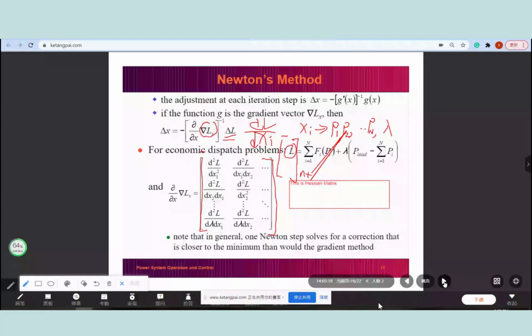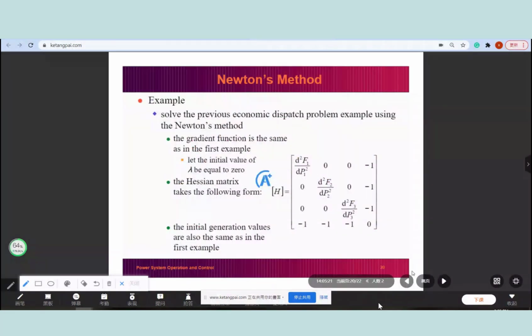If you calculate the second order derivative for p1, if you have an expression like this, f1 equals a1 plus b1 p1 plus c1 p1 square, what's the second order derivative of this?